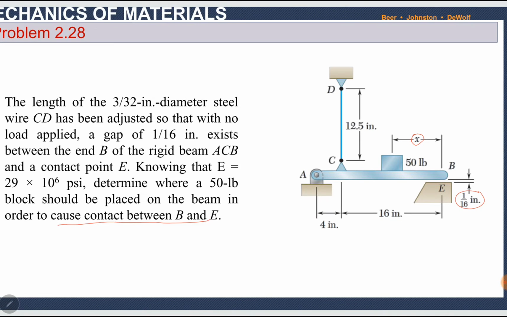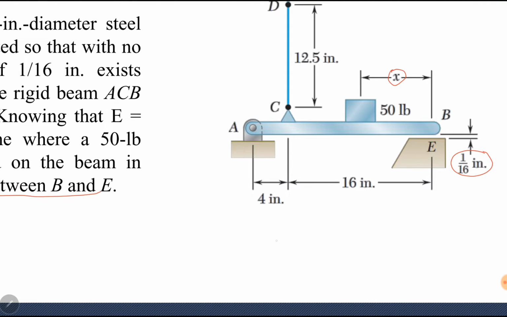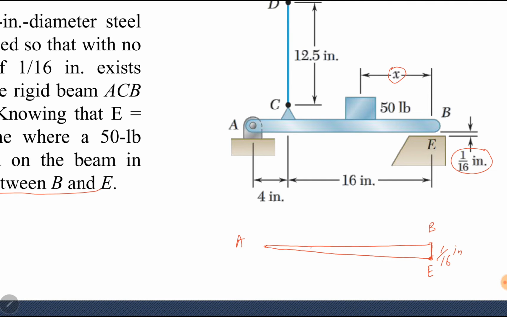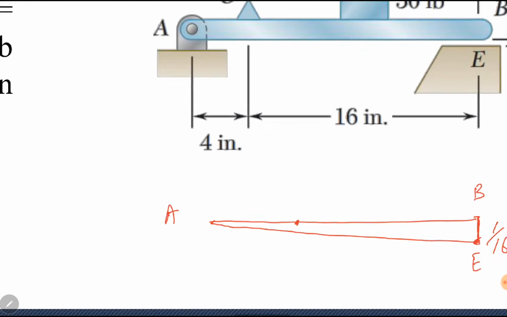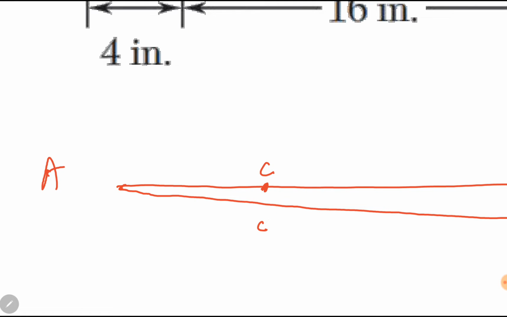Initially this rod ACB is horizontal. It has to rotate around point A and we have to touch it here. Here is a triangle. 1/16 inch, we have to fill this gap. This is point A, this is point C, this is point B, this is E. If this rod ACB rotates, the point C will shift from C to C dash.